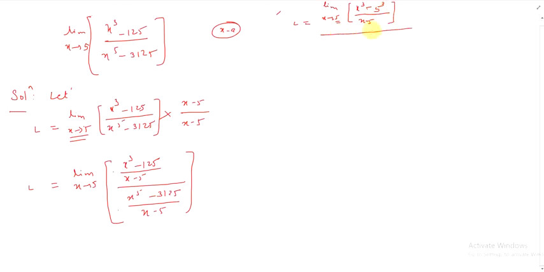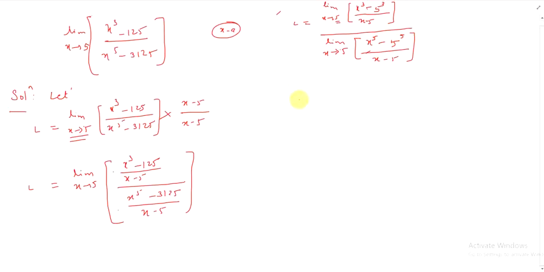Now look at the denominator. Here x tends to 5 and x raised to 5, so obviously 5 raised to 5 upon x minus 5. You can verify this term.